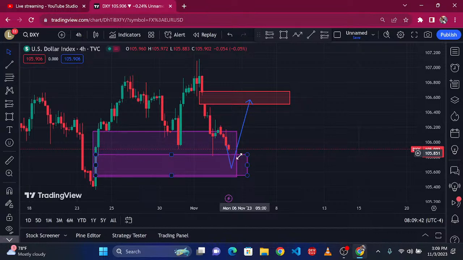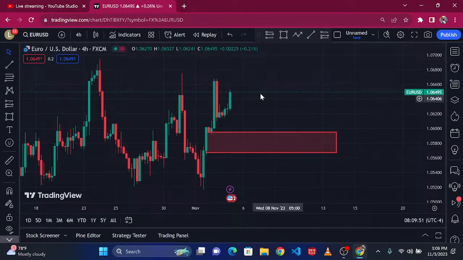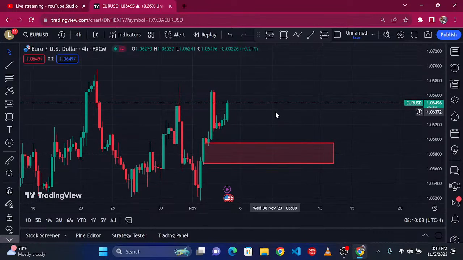So if this setup is a buy setup, this market will tap into this fair value gap and buy. It means on Euro USD, I am expecting this market to take out these two highs. I'm not expecting it to take out this high, because if it takes out this high, the setup would probably be a buy setup.